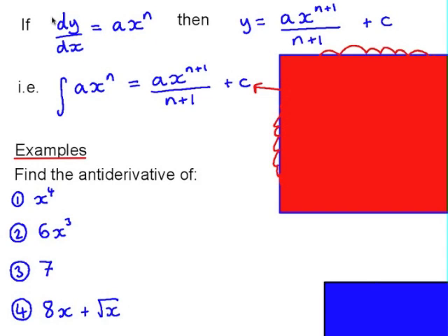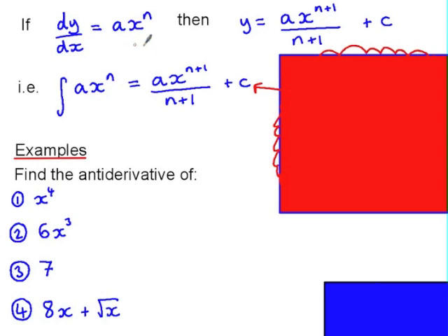So if the derivative of a function is given in the form ax to the power of n, then the function is ax to the n plus 1 over n plus 1 plus c, that unknown constant. So it's like we're raising the power by 1 and dividing by the new power.